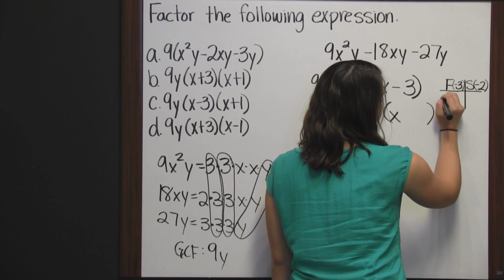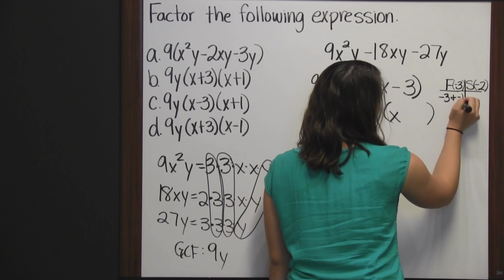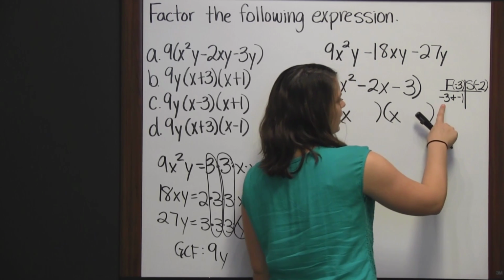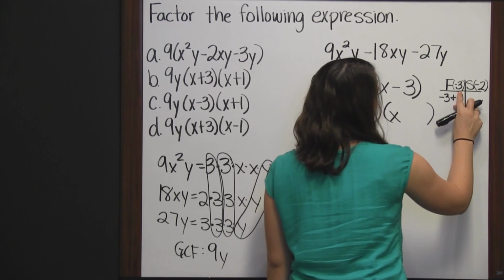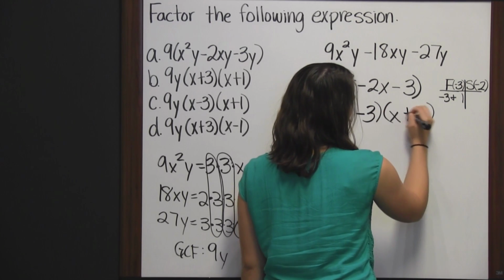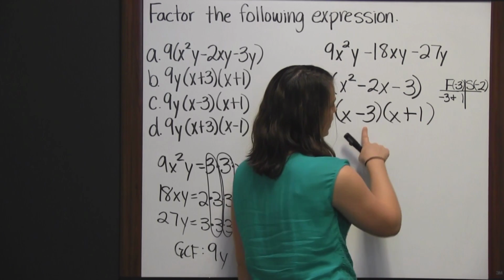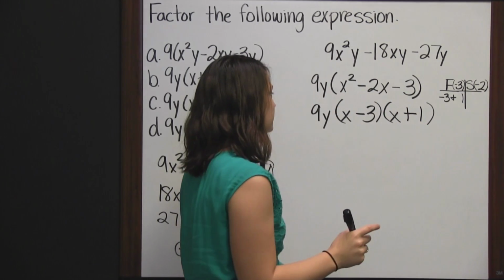And the only factors of -3 that would have a sum of -2 would be -3 and +1. -3 times 1 is -3, and -3 plus 1 is -2.